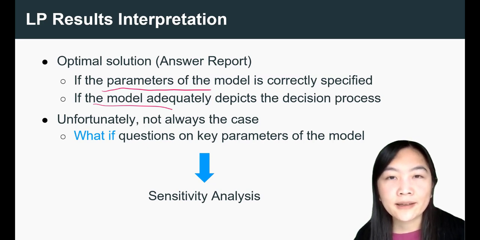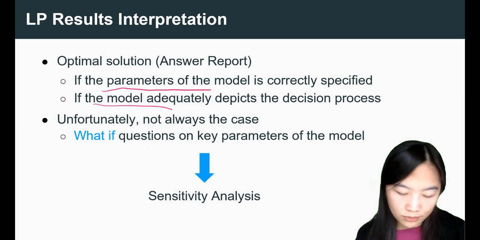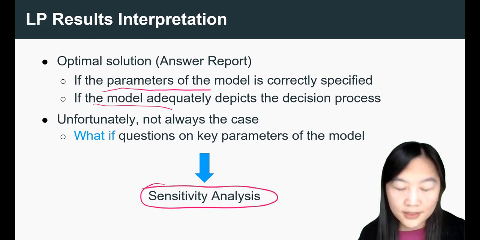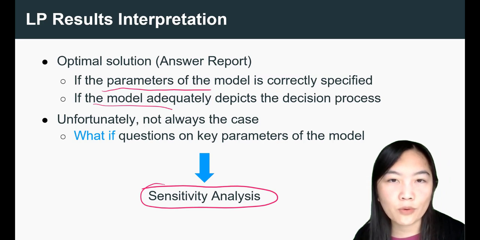But is that the end of the world? No. We can still use some analysis and answer some questions. Here we will do some sensitivity analysis and answer some of the what-if questions on the key parameters of the model.